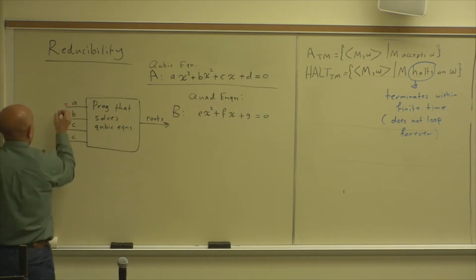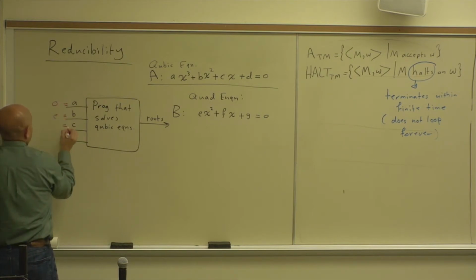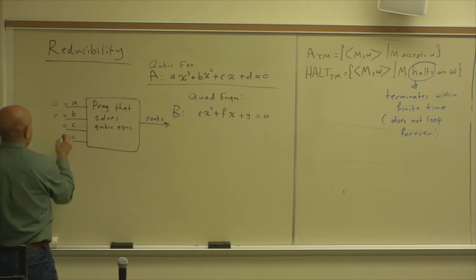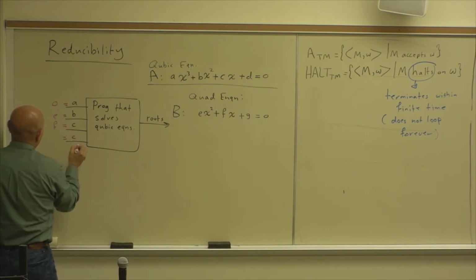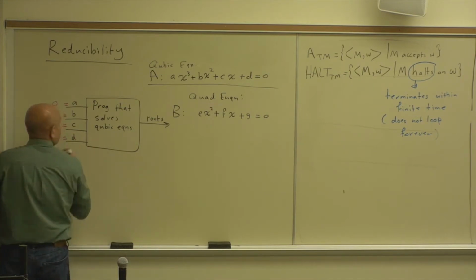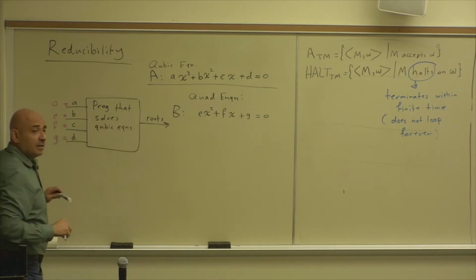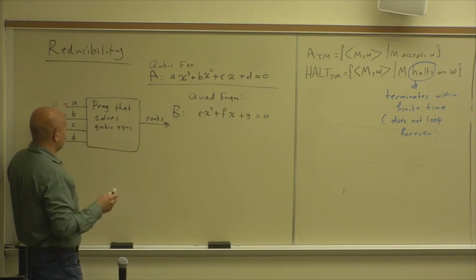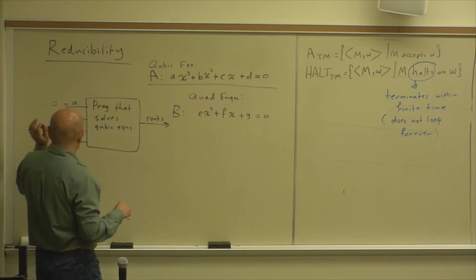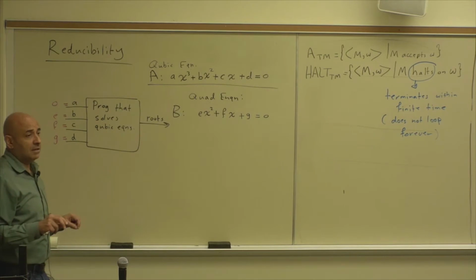You set a to 0, you set b to e, and you set c to f, and you set d to g. So you are given this solver for cubic equations, and you use it to solve quadratic equations. So this is a reduction, but this is a very easy reduction because all you needed to do is set the values of these coefficients.